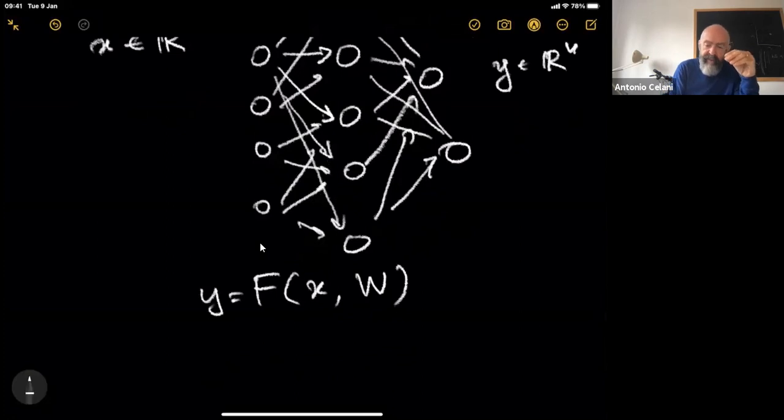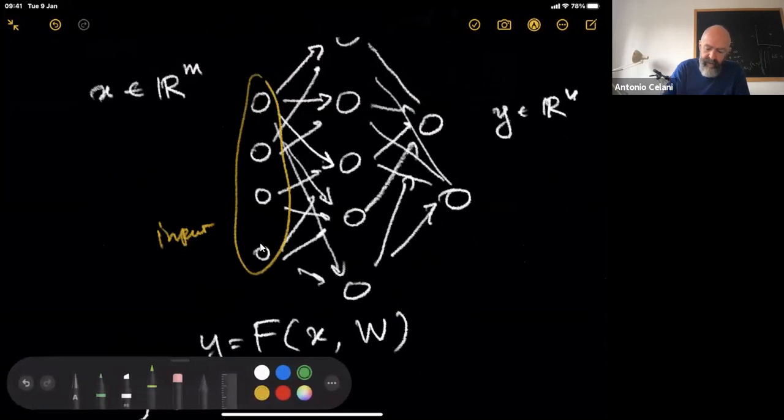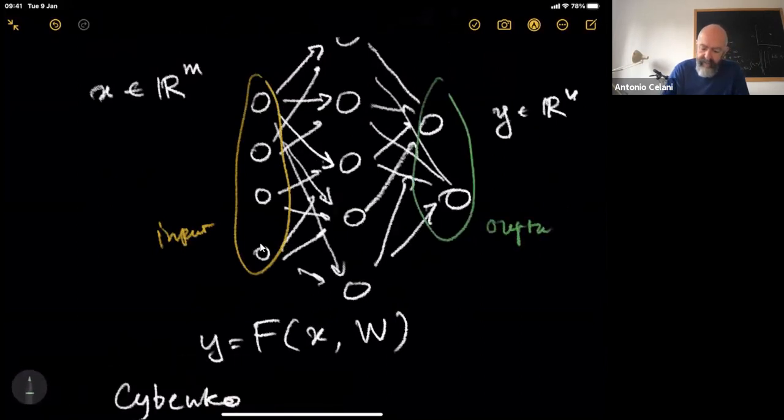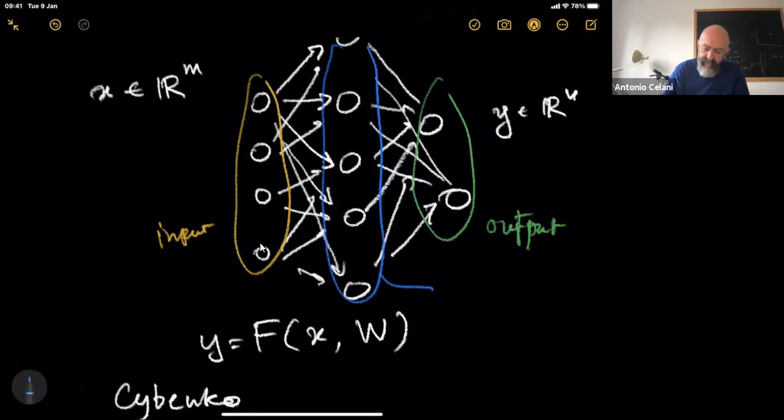Because it's possible to prove mathematically, and this is what Cybenko proved, I don't remember the year off the top of my head, that even such a simple construction with only an input layer, an output layer, and a hidden layer is enough to approximate arbitrarily close any given function which goes from n to n under technical conditions of boundedness and whatever.